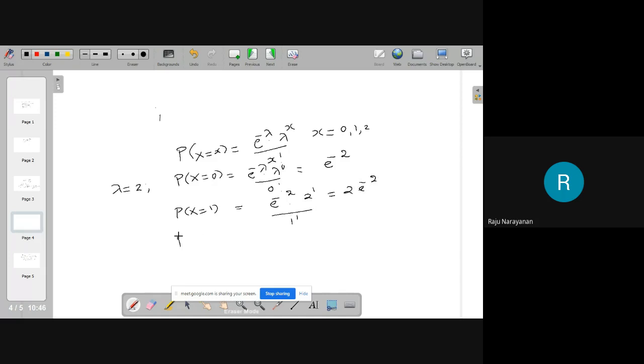Probability of x equal to 2 is 2 square, 4 into e raised to minus 2 divided by 2 factorial, that is 2 into e raised to minus 2.